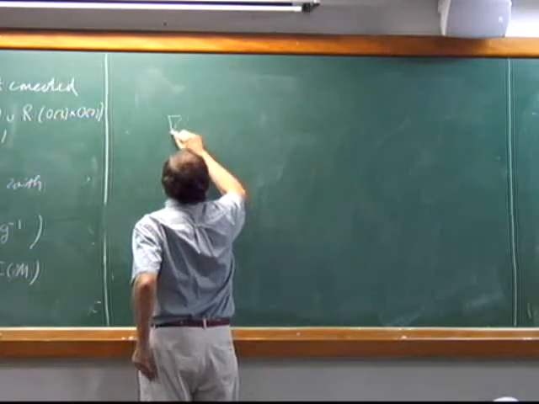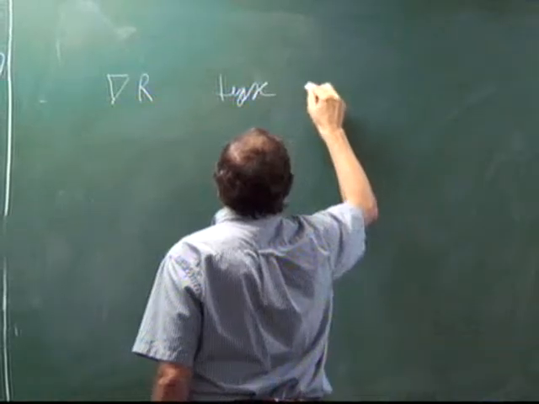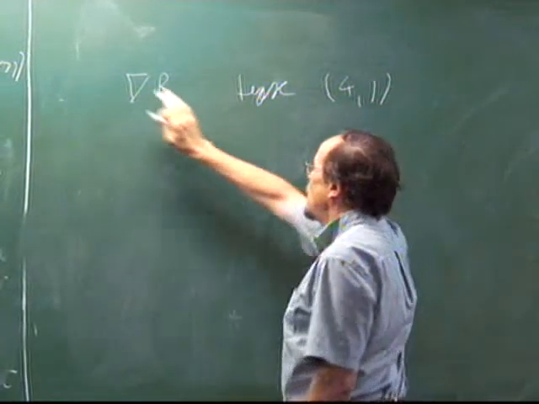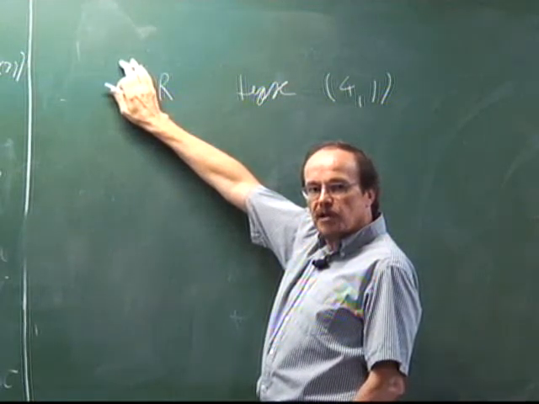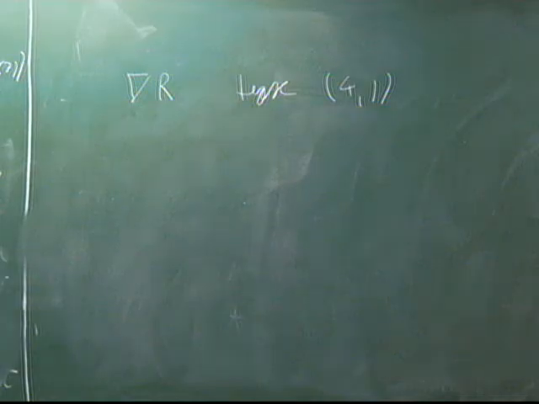So nabla R is a tensor of what type? R is type 3,1. Plug in 3, I get 1 out. Nabla R has one more argument. It's type 4,1.